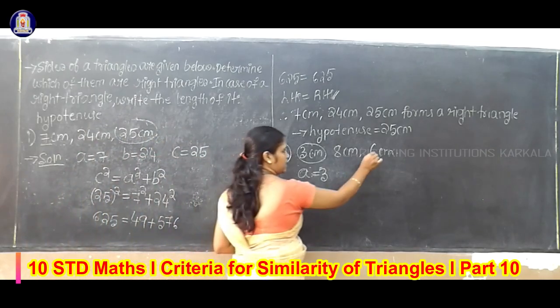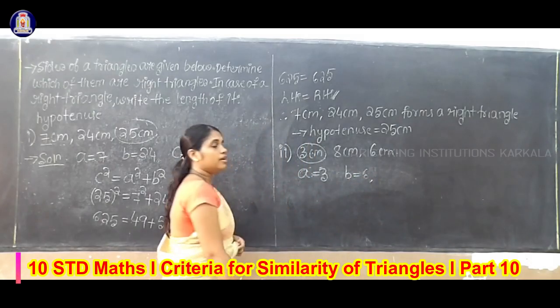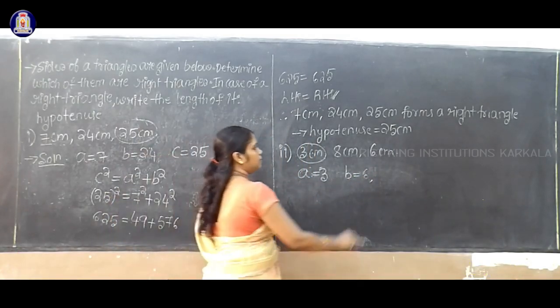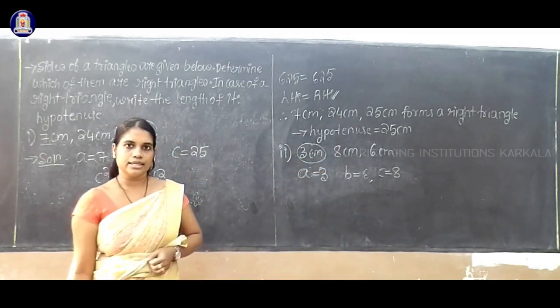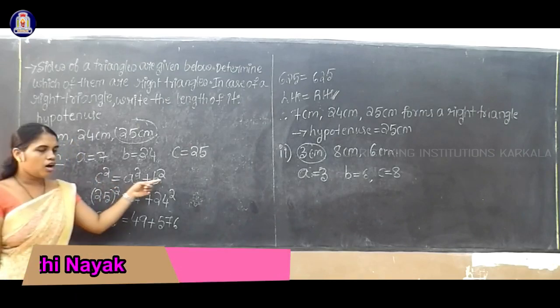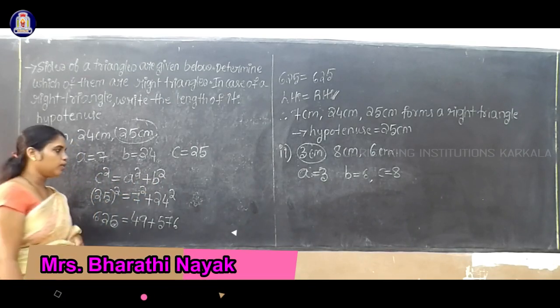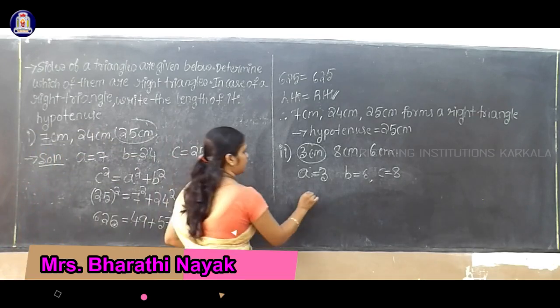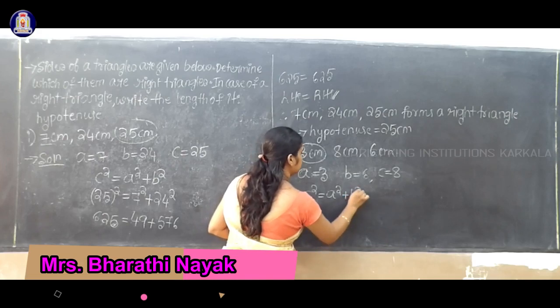What is the second largest number? That is 6. So B is equal to 6. Next, C is nothing but the largest number. So C is equal to 8. Now again I will consider the relation. What is that? C square equal to A square plus B square.